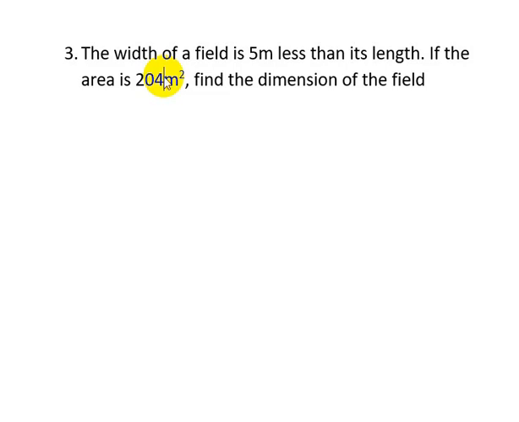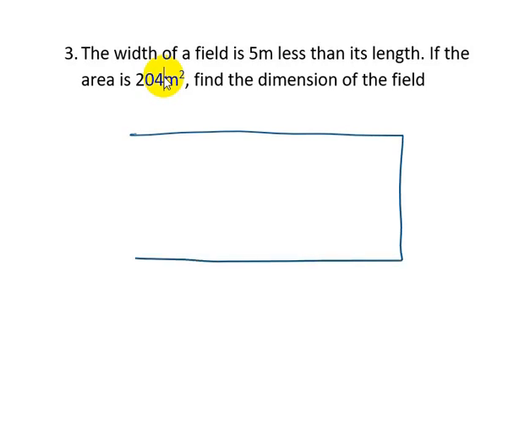Now, how does a field look like? A field looks like this, let's say a football field. It looks just like this, right? We know that this side is called the width and this side is called the length. We are saying that the width of the field is 5 meters less than its length.